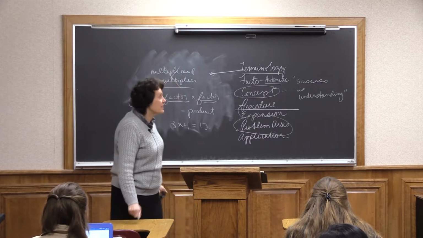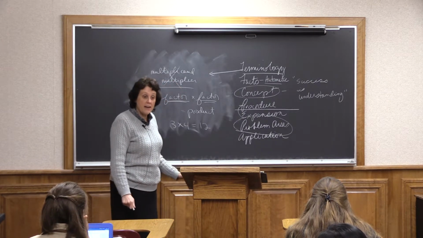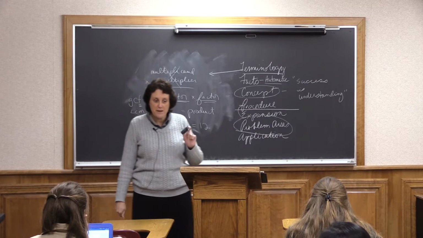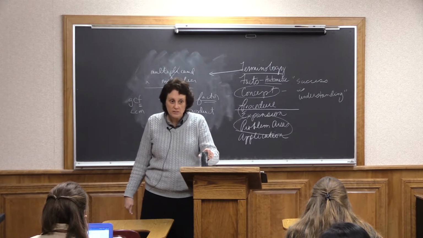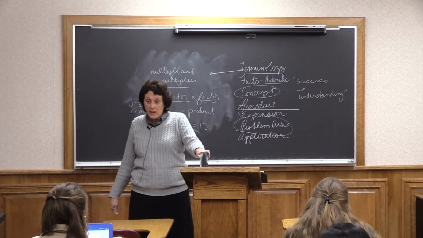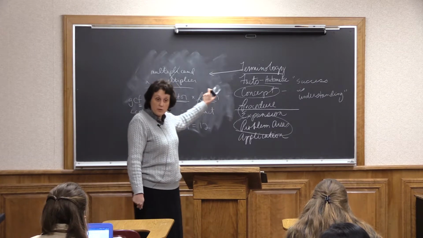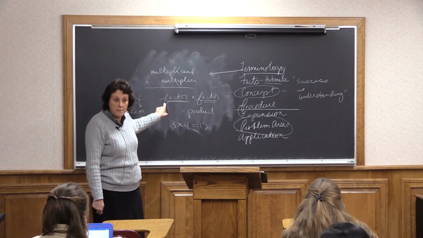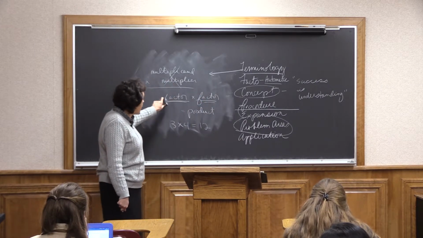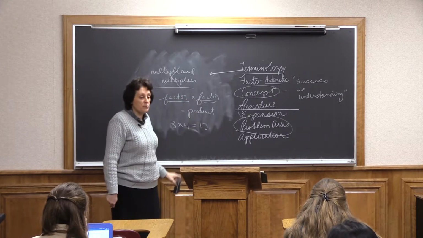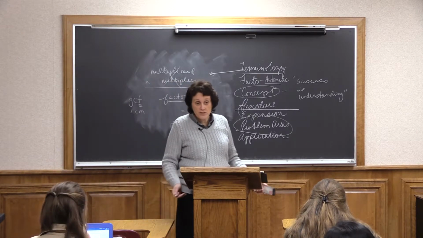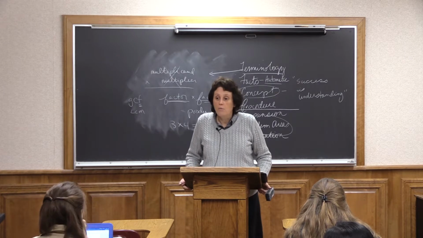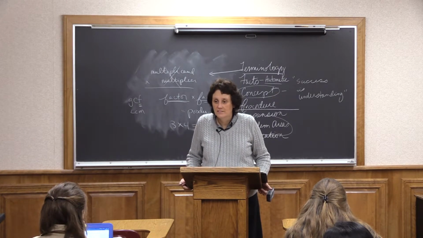So we are conscious of the fact that everything we do in primary math is going to have a result. If we are careless with our terminology, we're not going to be paving the way. So factor times factor equals product. When I'm teaching and when I'm asking questions, I don't say what times 4.